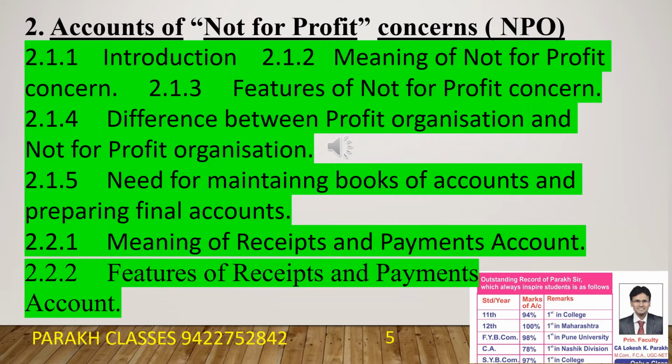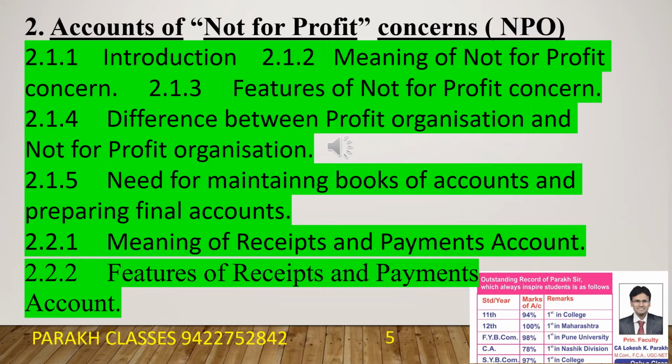Next come differences between profit organizations, that is organizations doing business, shopkeepers, malls, etc., and not-for-profit organizations, for example school, college, hospitals. Need for maintaining books of accounts and preparing final accounts. If they are not profit organizations, then what is the need of preparing final accounts? That we are going to see here.